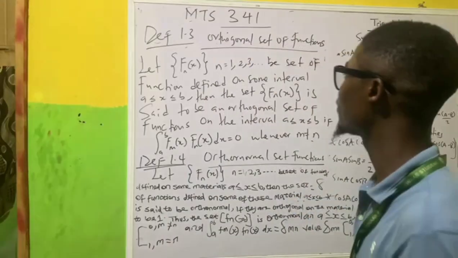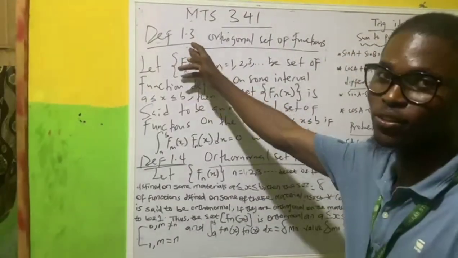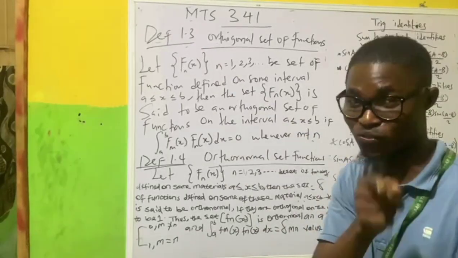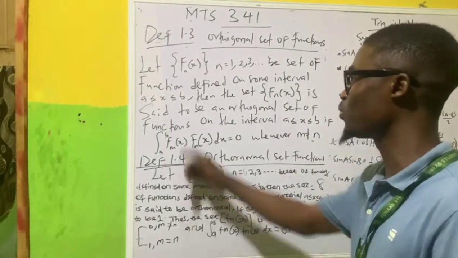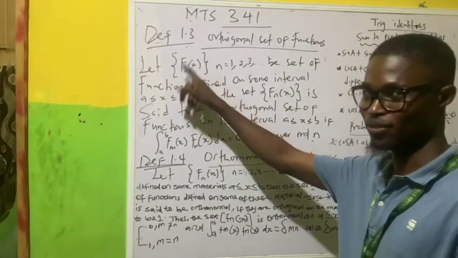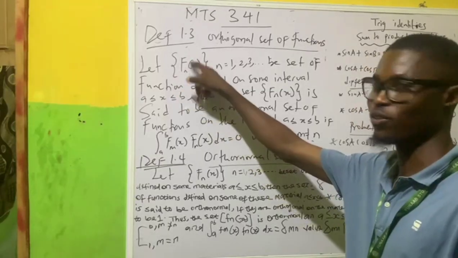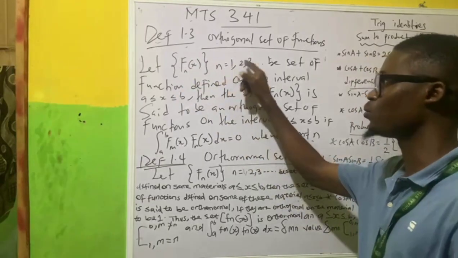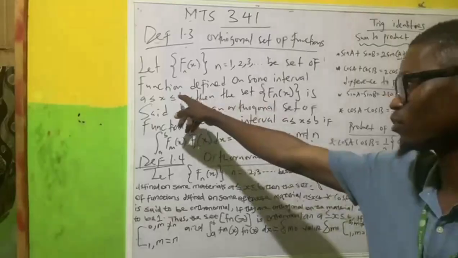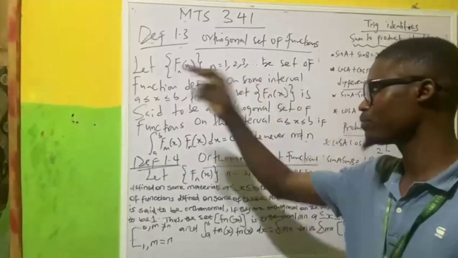This is definition 1.3, so please jot it down if you don't want to fail. Good. Let the set f_n of x, n equals 1, 2, 3, be a set of functions defined on some interval a to b.